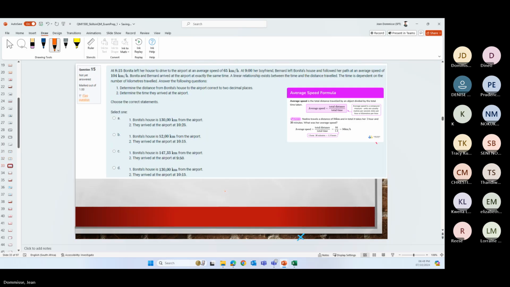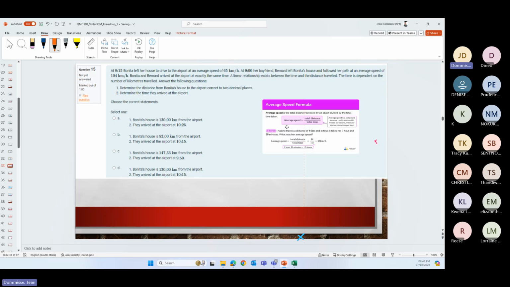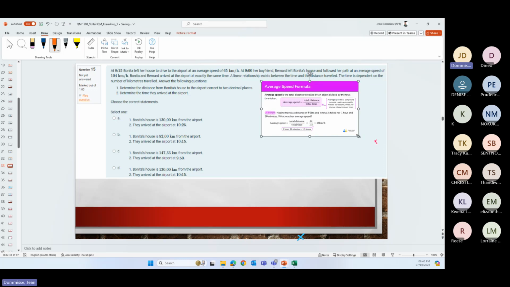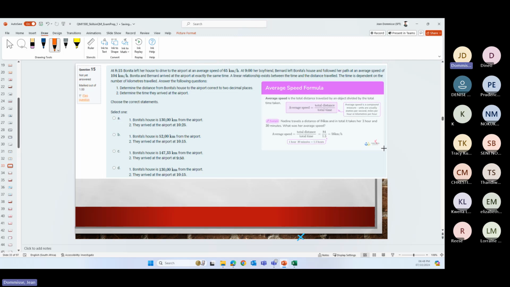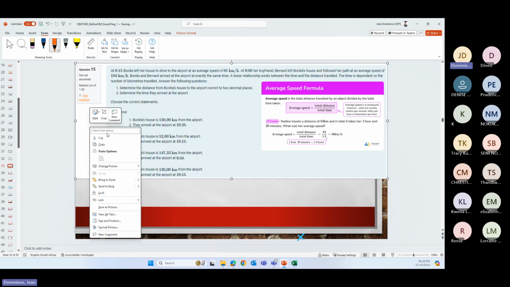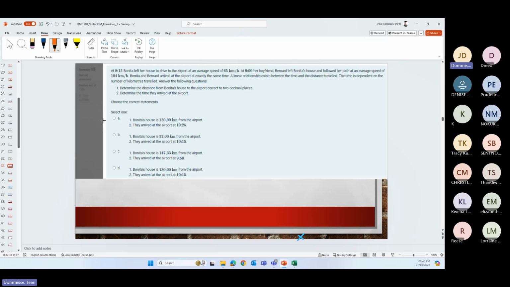Then this was another question, and I added here the average speed information bit for you guys, because when I read this, I was a bit confused.